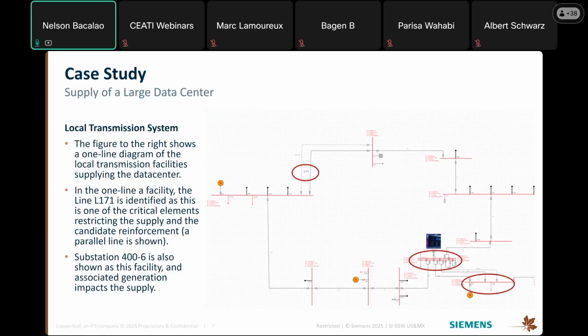If you don't have good input data, then your results are suspect at best. And one critical input data is the frequency of failure of all of the elements in your network and the repair time.